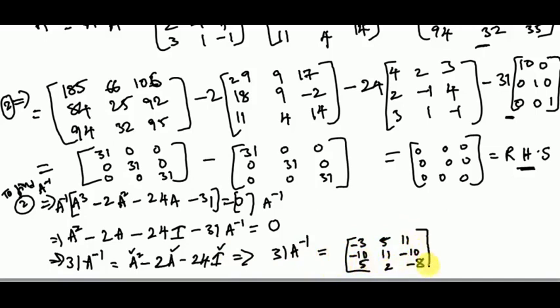That implies A inverse equals 1 by 31 into minus 3, 5, 11, minus 10, 11, minus 10, 5, 2, minus 8. This is the final answer of A inverse.